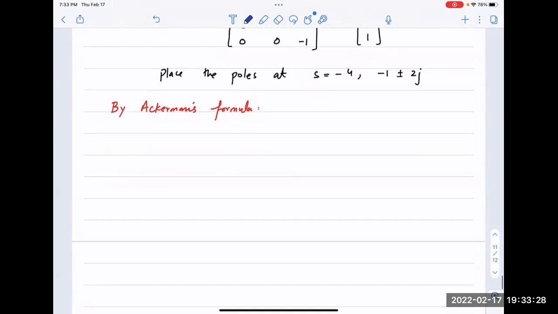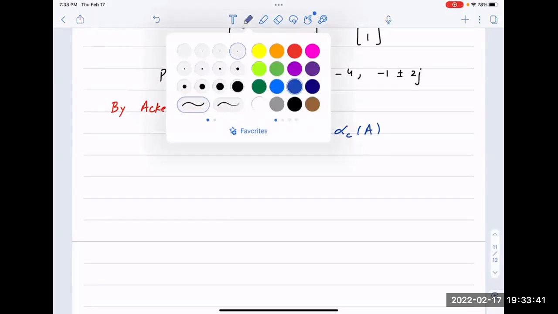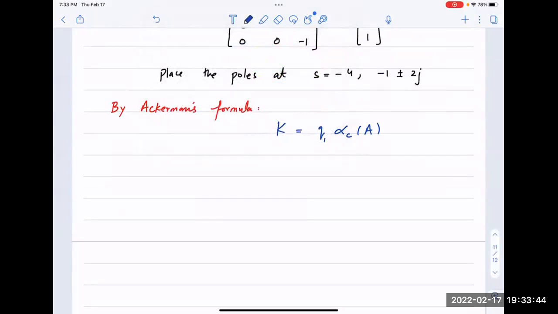Okay, so remember, for Ackermann's formula, basically your K is Q1 times alpha C of A, right? And Q1 is the last row of the controllability matrix inverse. So I'm going to directly start with the controllability matrix, B, AB, and then A squared B, because we have 3 states here.